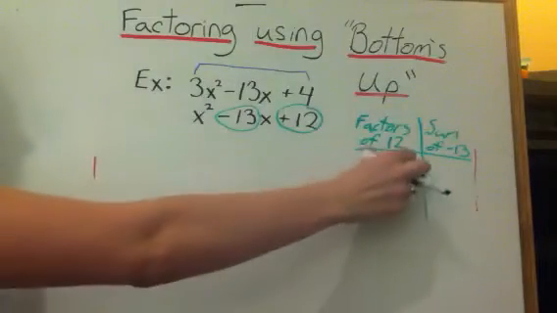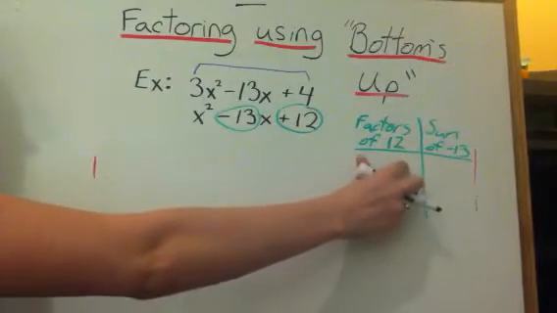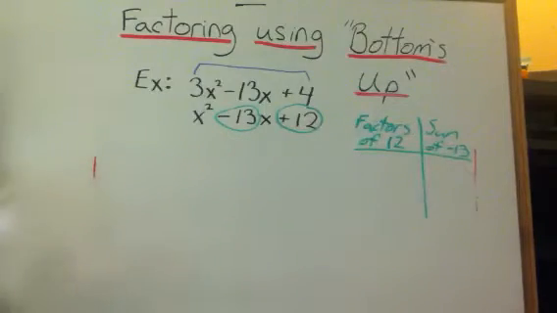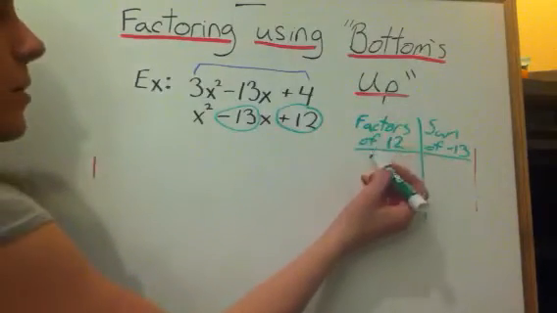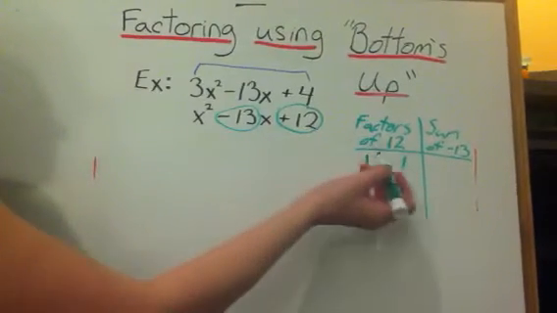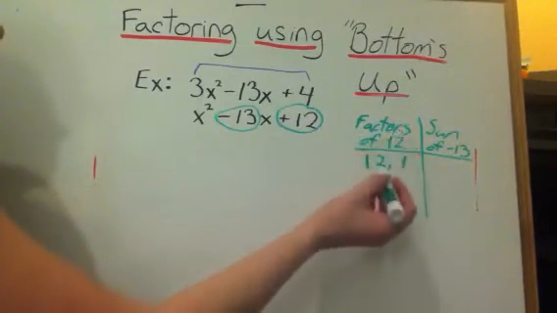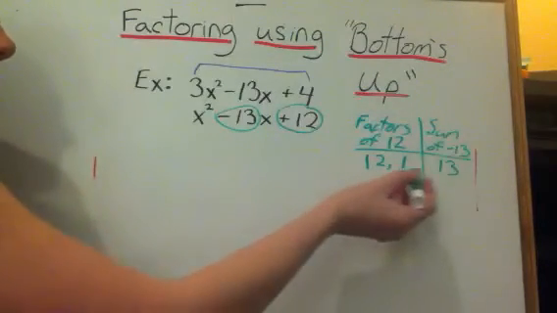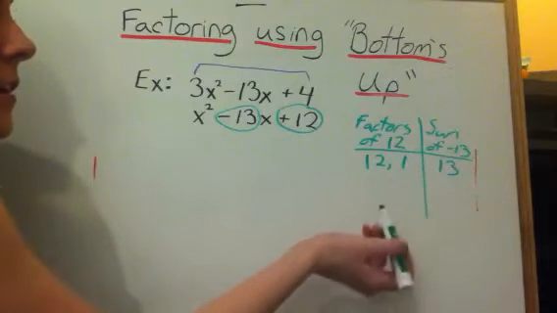Okay, so you may have to think about those two numbers. What two numbers can multiply to give me 12 and add to give me negative 13? Well, we know it's going to be some form of 12 and 1, right? 12 times 1 gives me 12, and 12 plus 1 gives me 13. Now we want it to give me a negative 13.